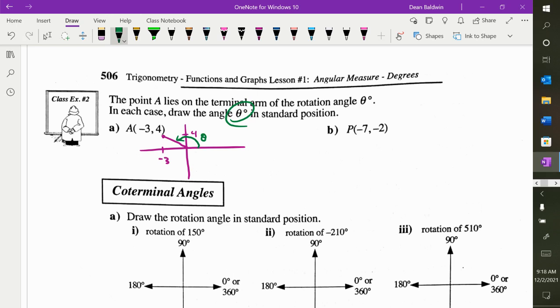What quadrant am I in if both x and y are negative? Boom. You're in quadrant 3 because it's -7, -2. My rotation angle is from 0, so that is theta.